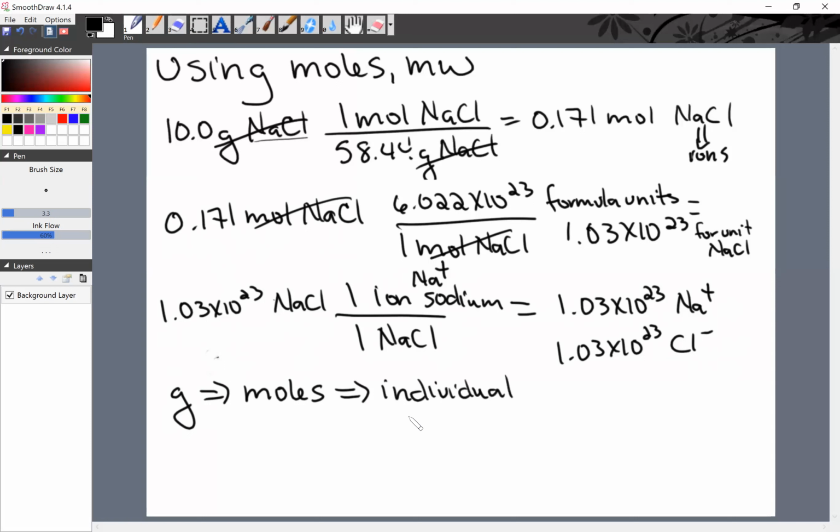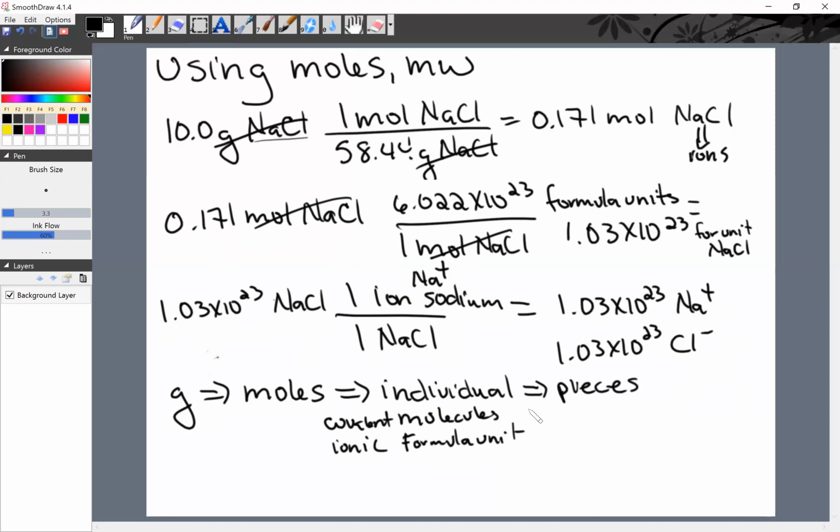Okay, so that could either be molecules if it's covalent, or it could be formula unit if it's ionic. Once you're into the individual unit, then you can go down to its pieces.